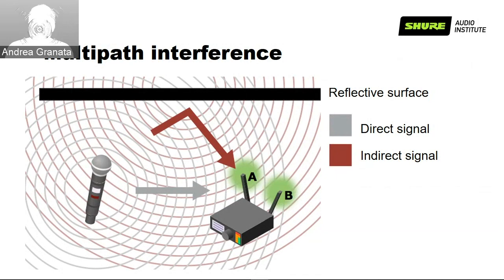Now, the simplification here is that if we use a single antenna receiver and we go around a room looking for the spot where we have a perfect multipath interference perfectly out of phase, we are not going to find it. So by itself, a multipath interference would not produce a dropout, but a dropout is always a consequence of multiple things going wrong. So multipath interference can be one of them, and we can prevent it.